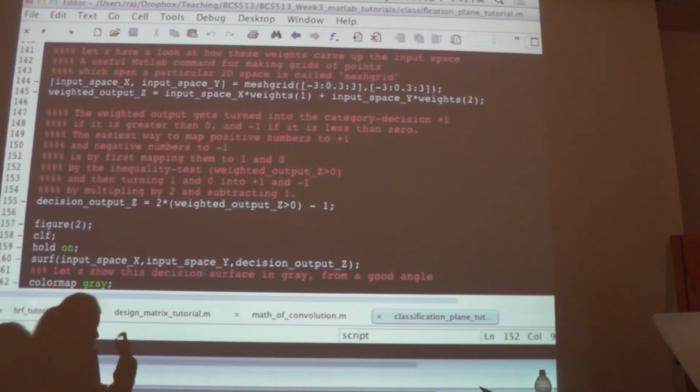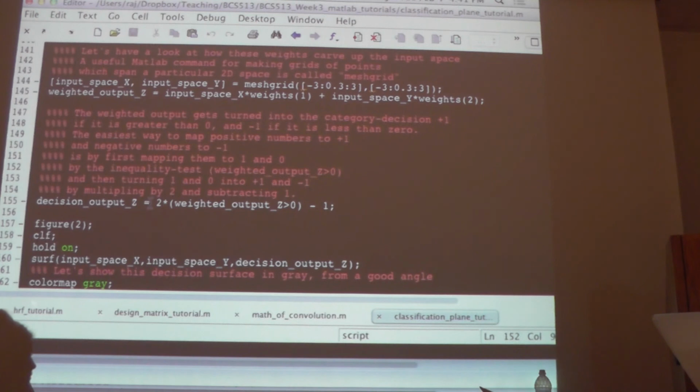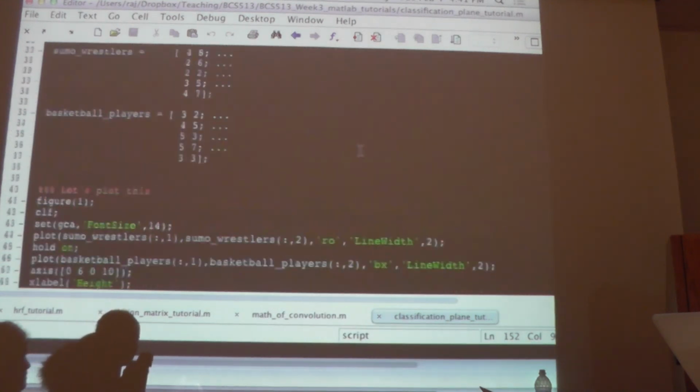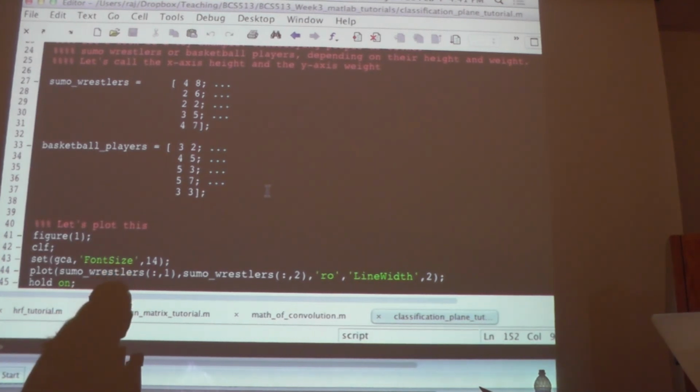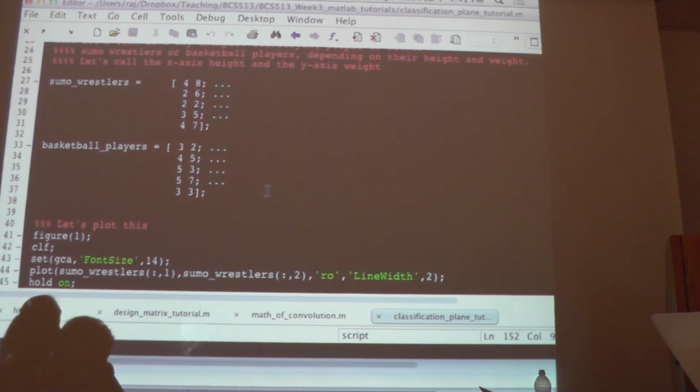What I would especially say is play with putting the stimuli at different times and see how that affects the way the hemodynamic response functions add up on top of each other, and try putting some of the sumo wrestlers or basketball players in different places and see how that affects the decision boundary. And then you'll have an intuitive feel of what a design matrix is and what the simplest possible linear classifier is.